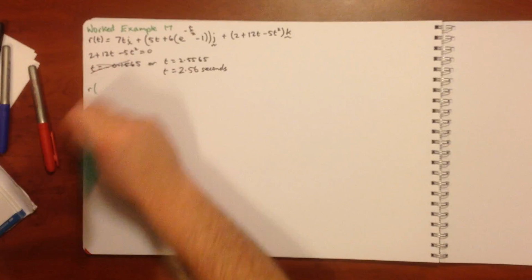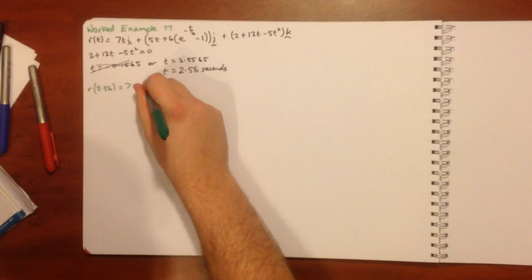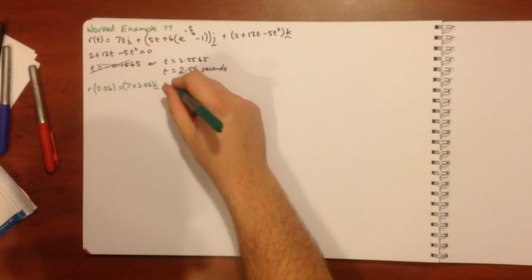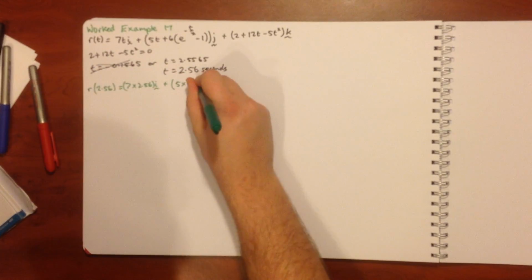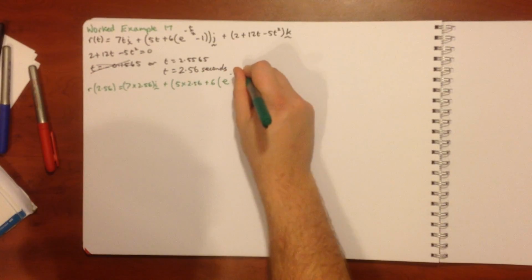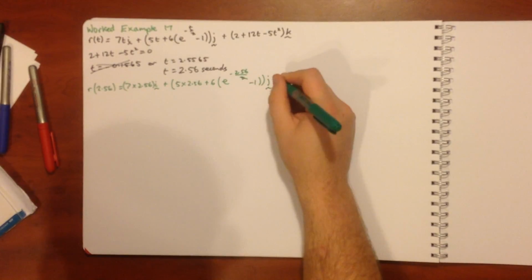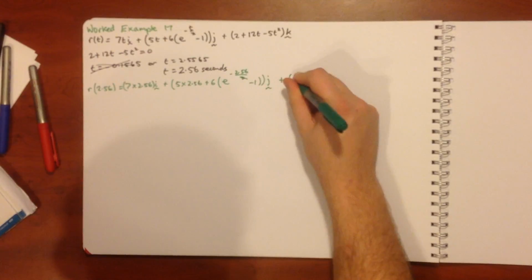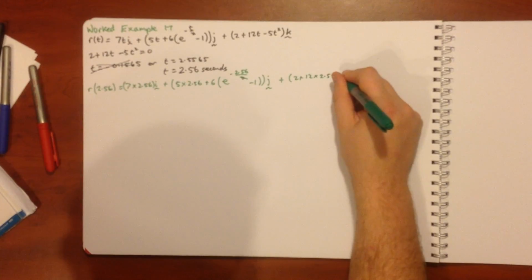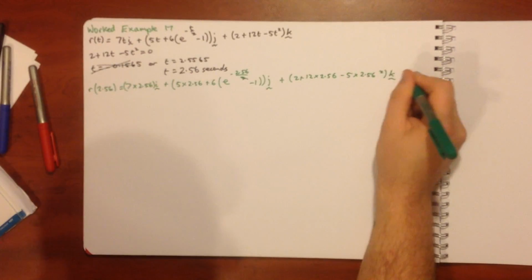So we're going to say our r of 2.56 is going to equal 7 times 2.56 i, plus 5 times 2.56 plus 6 outside of e to the negative 2.56 on 2, take 1, j, plus 2 plus 12 times 2.56, take 5 times 2.56 squared, in the k direction.